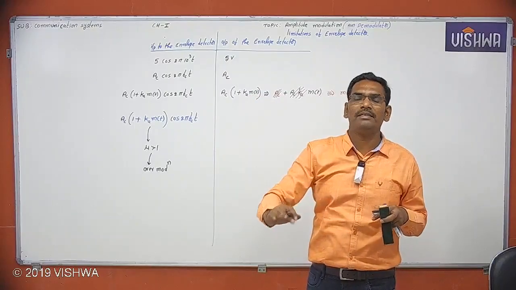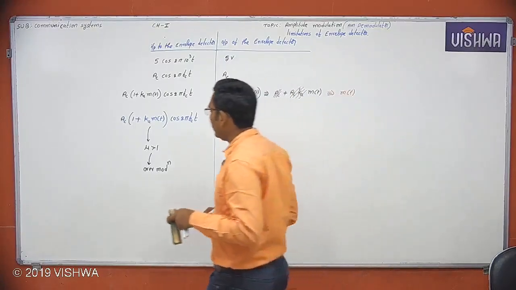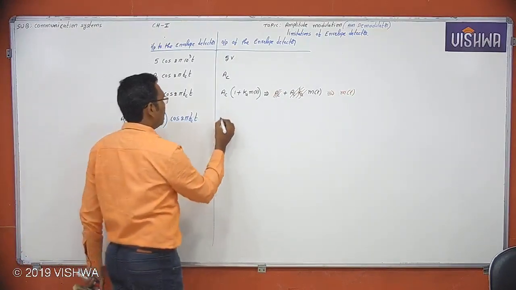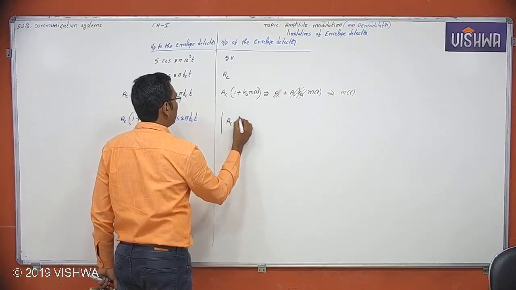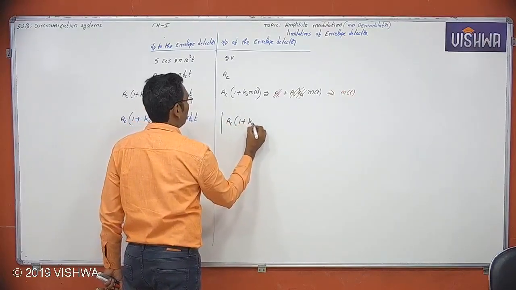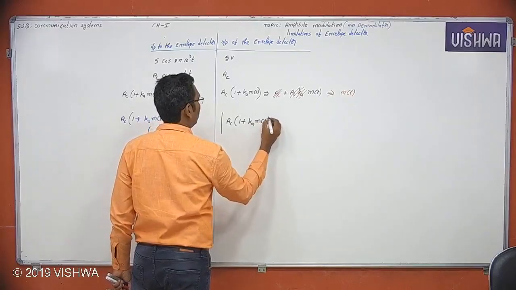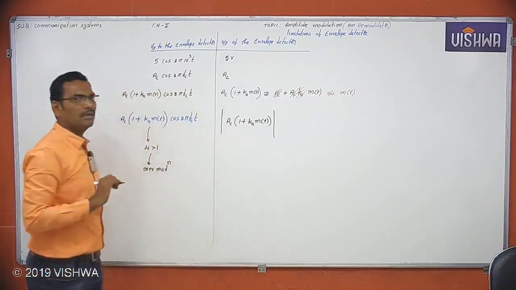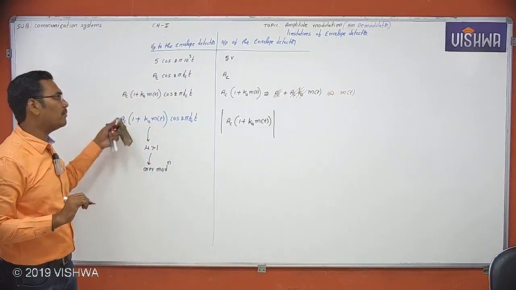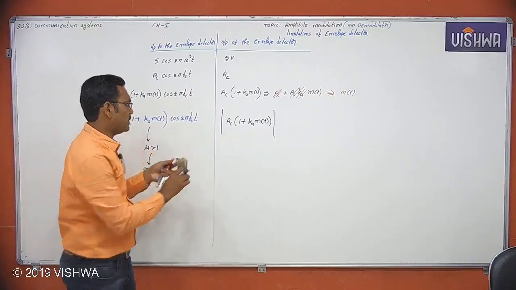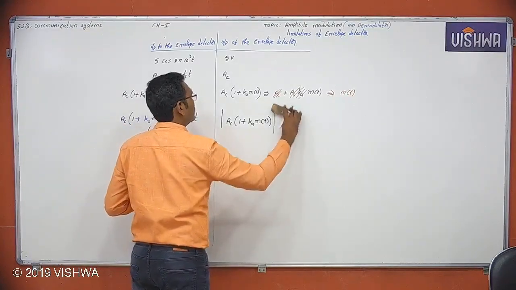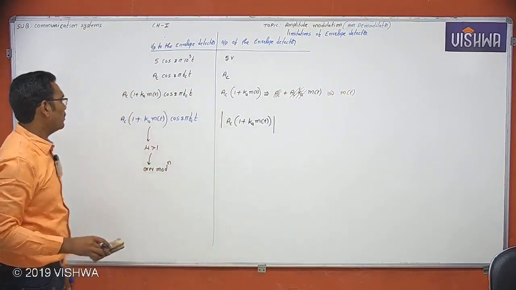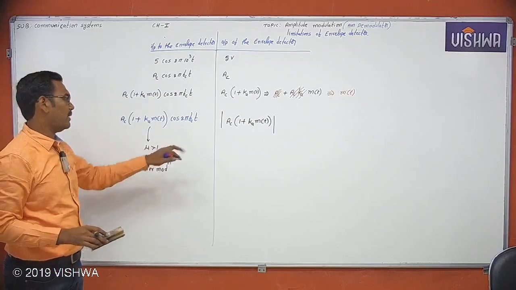The negative voltages will go to the positive side. Therefore, the output of the envelope detector is the modulus of Ac into 1 plus Ka into m of t. The negative voltages become positive voltages, and this is a modulus. Clear or not? Whenever an over modulated signal is applied, this will be happening.